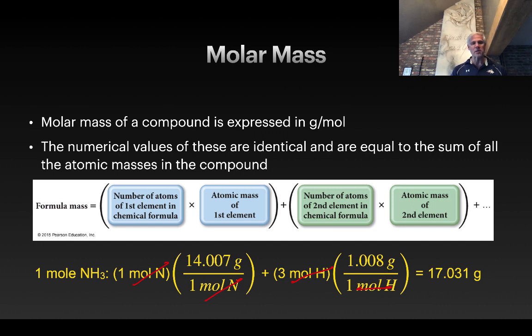So I have 1 times 14.007 plus 3 times 1.008, and I get this answer here, 17.031 grams. So that would be the number of grams in 1 mole of ammonia. So grams per 1 mole.